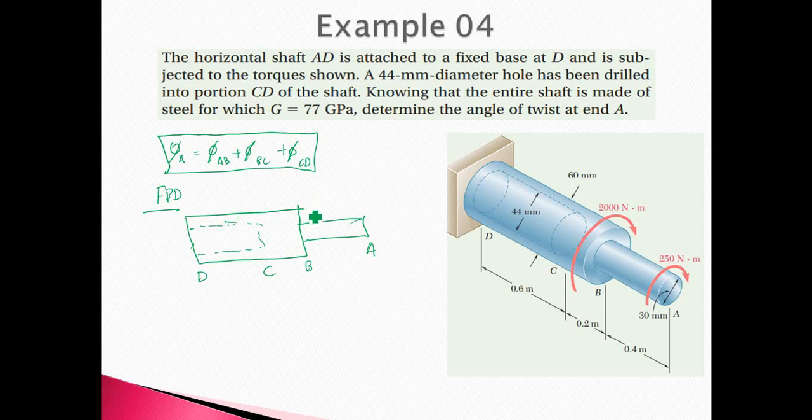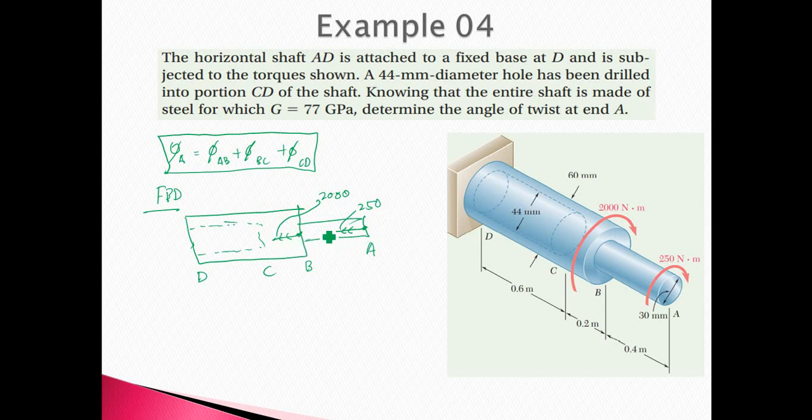At point B, we have TB, which is equal to 2000 Newton meter, and then we also have a torque at point A, which is equal to 250. How do I know the direction of the torque at B and A?